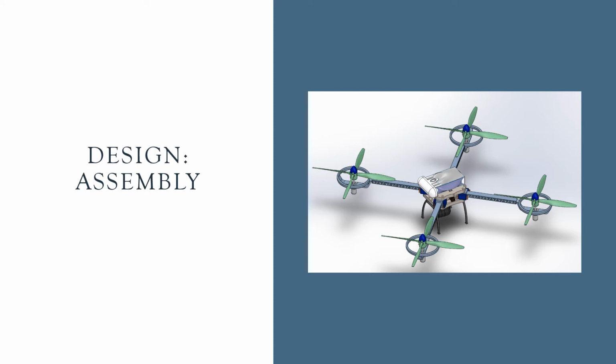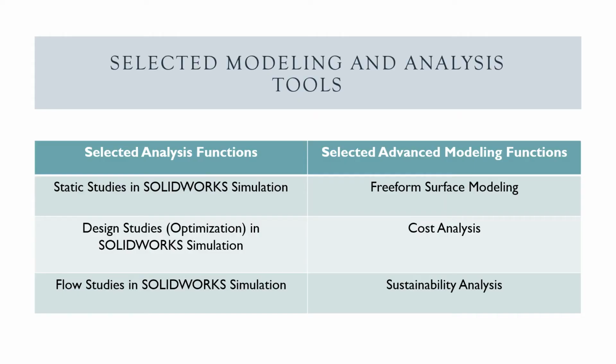With the assembly complete, our group settled on a proposed set of advanced modeling and analysis functions to apply to the product. The selected analysis and advanced modeling functions are summarized in the table shown. From the available list of functions, it was important to choose a variety of ways to analyze and evaluate the drone.